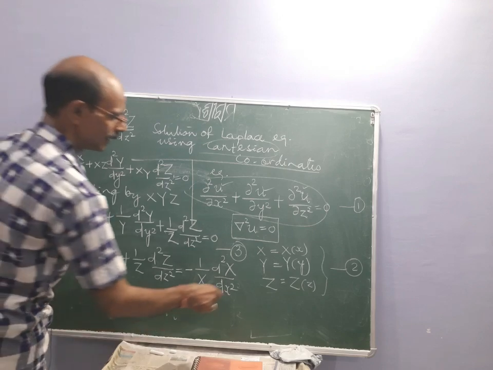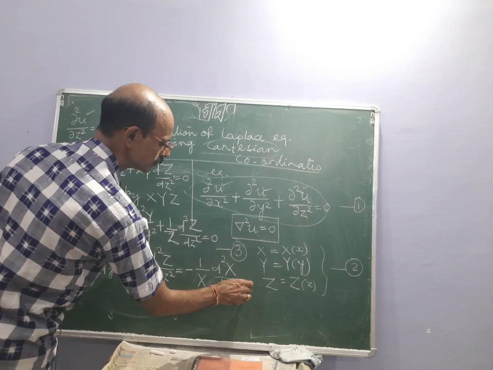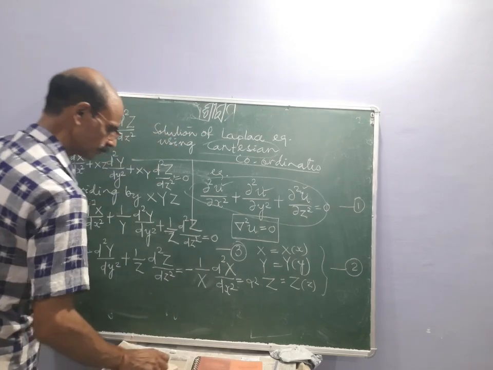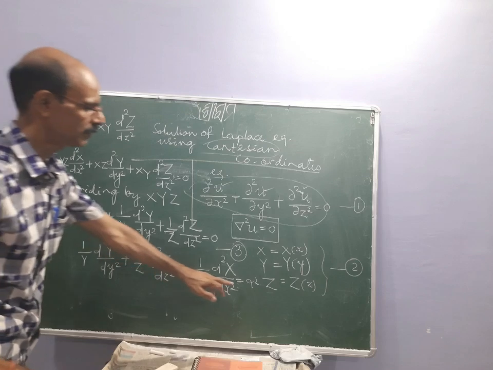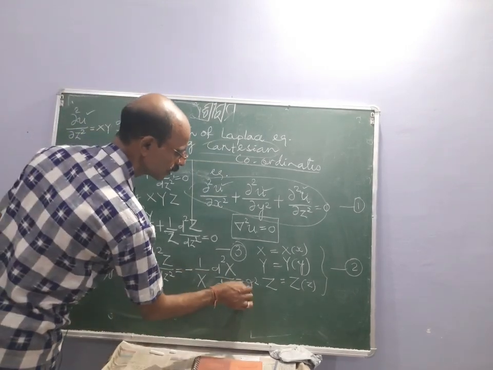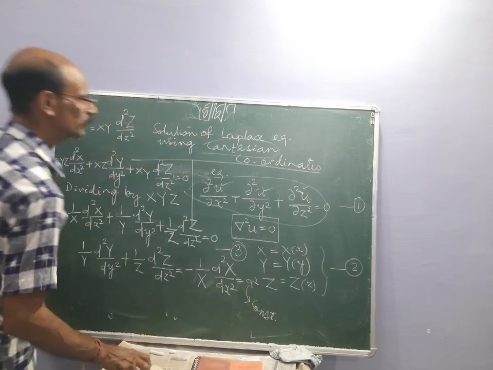And let it be equal to a constant, let it be alpha square. Since these are second derivatives, I have taken the square of this. See, this is a constant, an arbitrary constant.